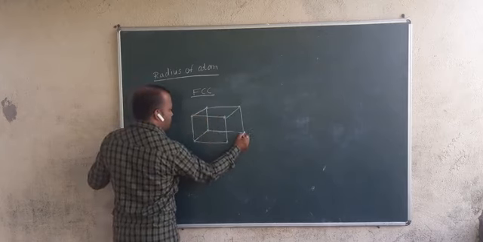So 2r cube. So it will be 4 into 3.14 into r cube upon 3 into 8r cube. Just solve it and tell me the answer.